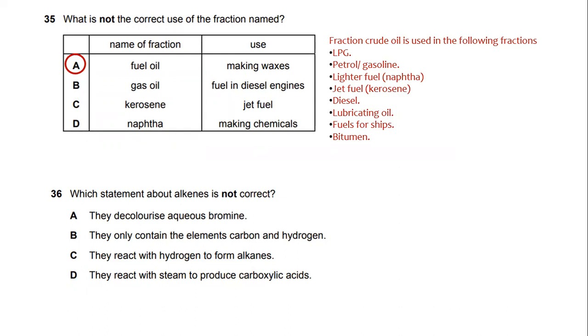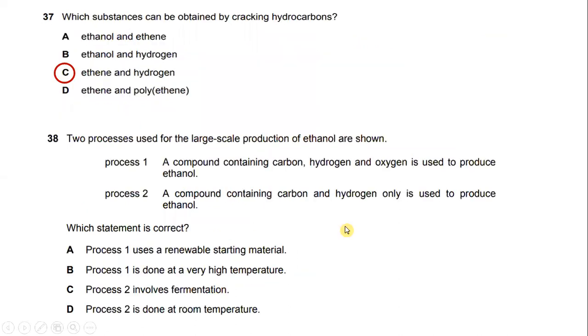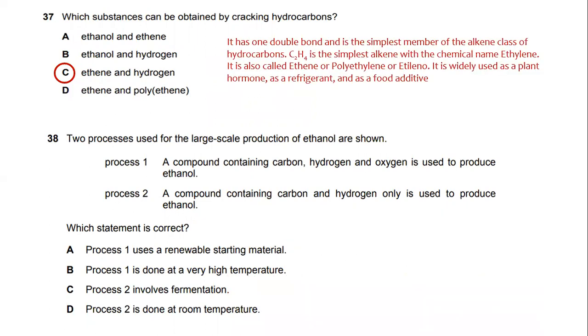Which statement about alkene is not correct? They will react with steam to produce carboxylic acid. Which substance can be obtained by cracking hydrocarbon? It has one double bond and is the simplest member of the alkene class of hydrocarbon.